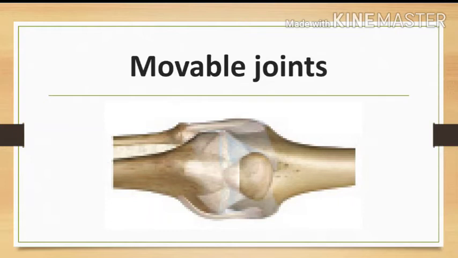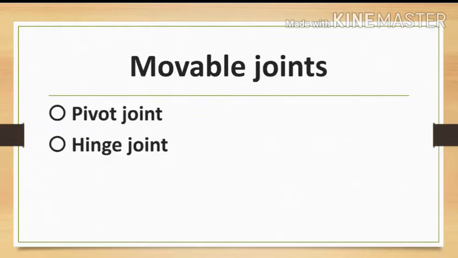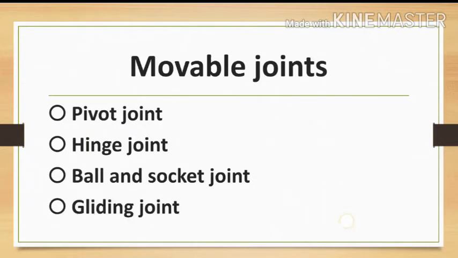Movable joints allow free movement of bones in various directions. There are 4 different types of movable joints: pivot joint, hinge joint, ball and socket joint, and gliding joint.